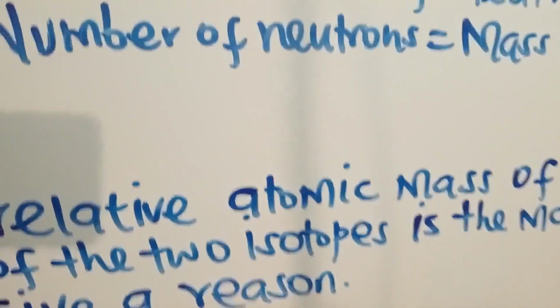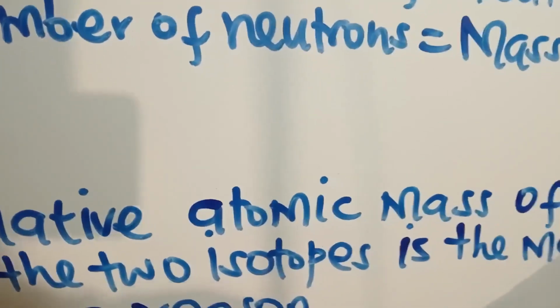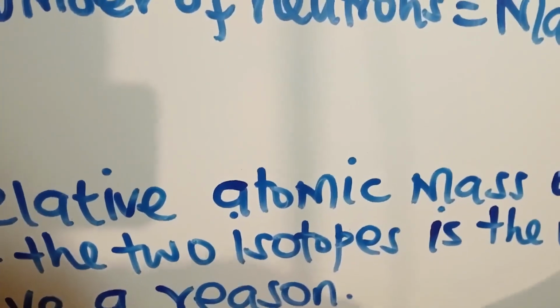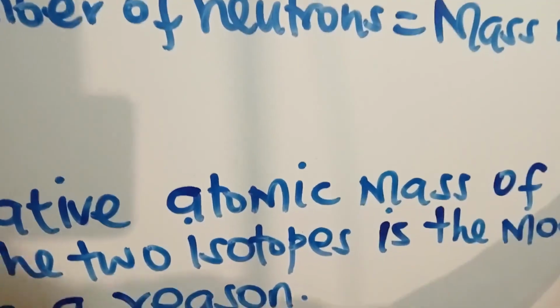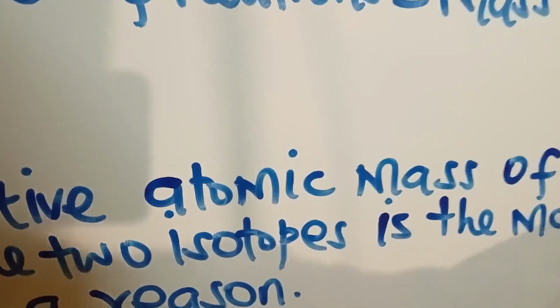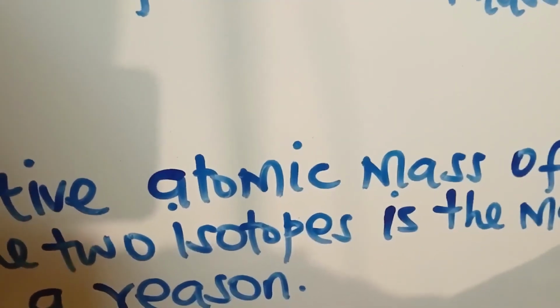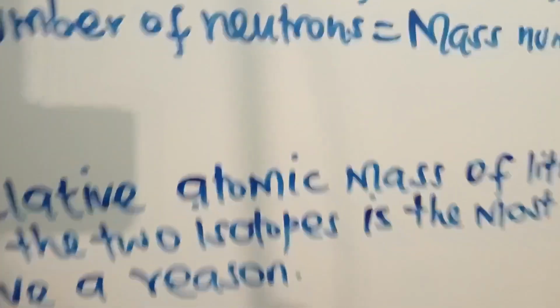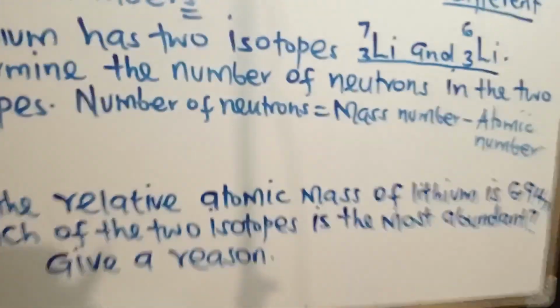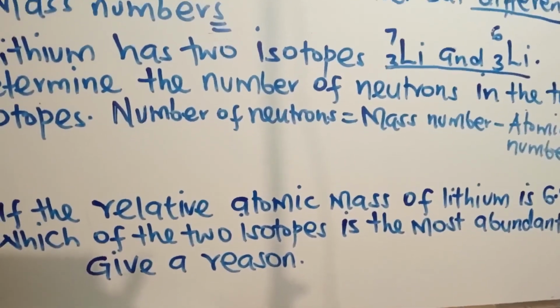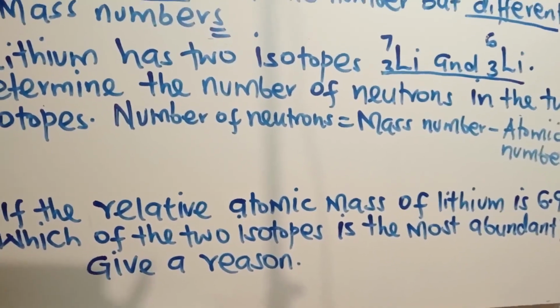So number of neutrons is equals to mass number minus atomic number. So with that formula, we are able to go on with the question.